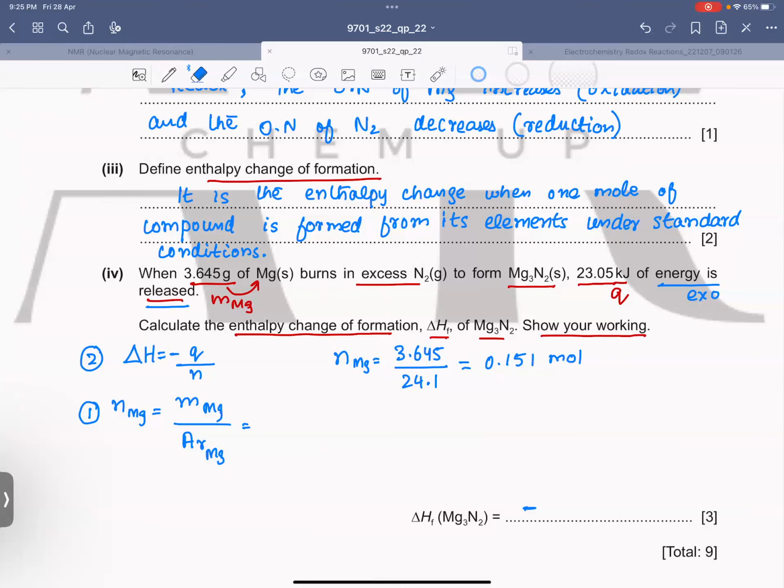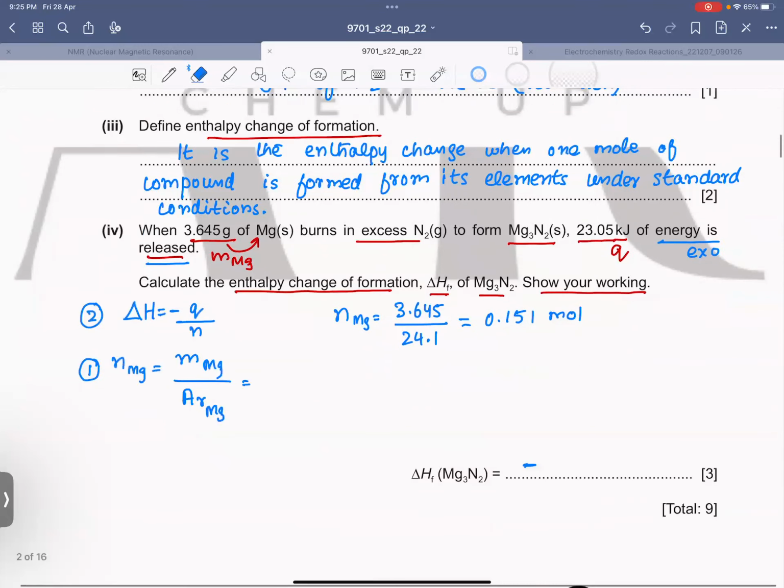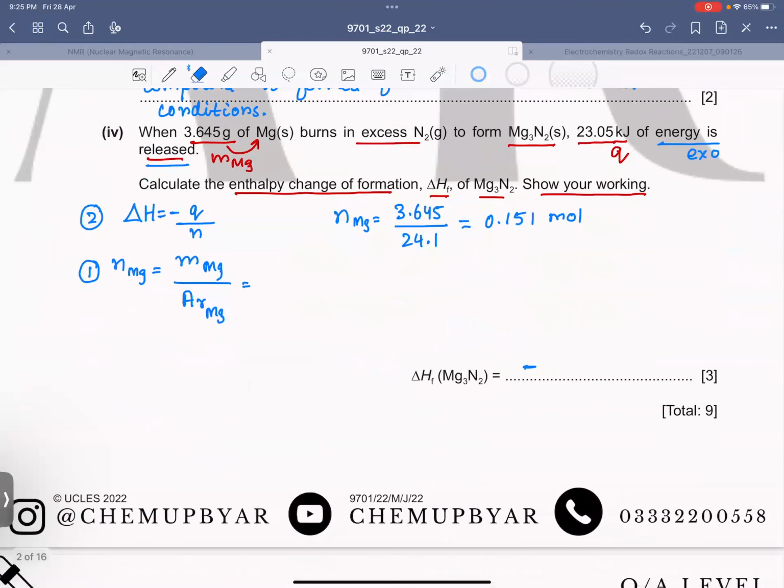Yes, we would divide these moles by 3 first, because these are the moles of magnesium. And if you look at the equation, let me write the equation over here, that we made earlier as well: 3 moles of magnesium reacting with 1 mole of nitrogen forming magnesium nitride.